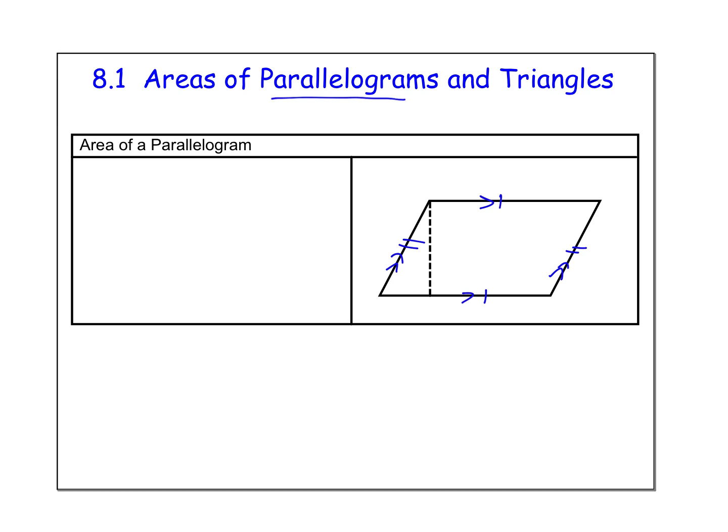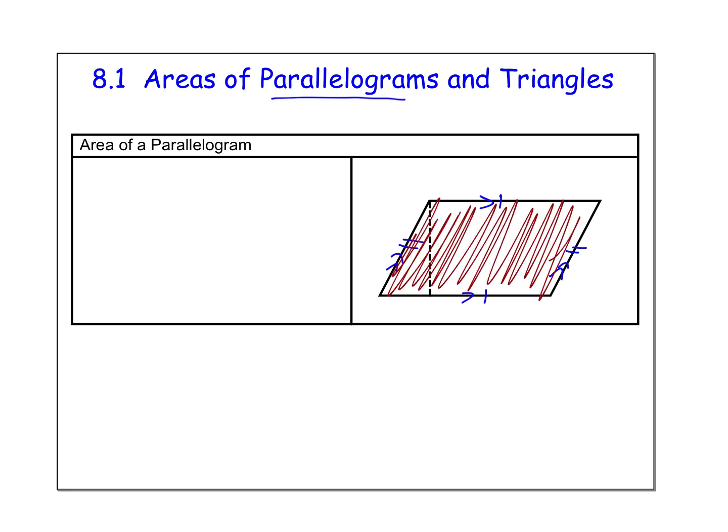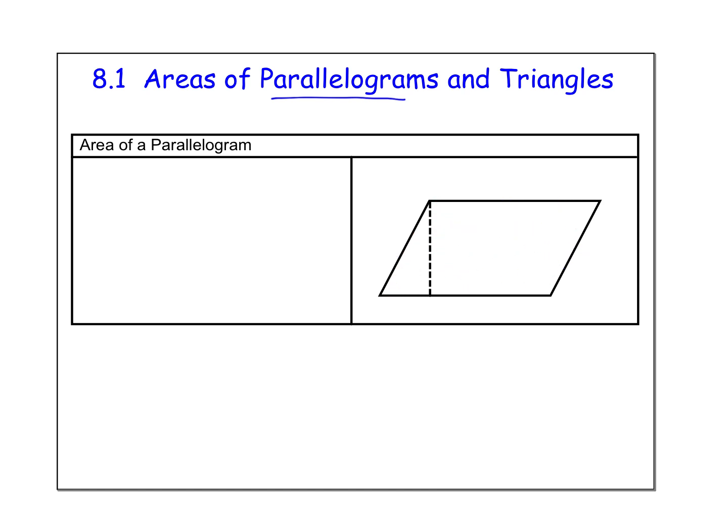Now we're just trying to figure out the area of this thing. The area is just a fancy way of saying how much two-dimensional space this thing takes up. So the short answer is going to be base times height.